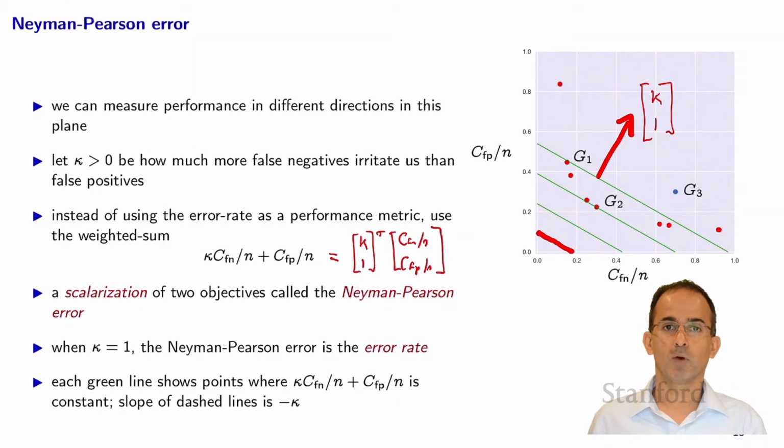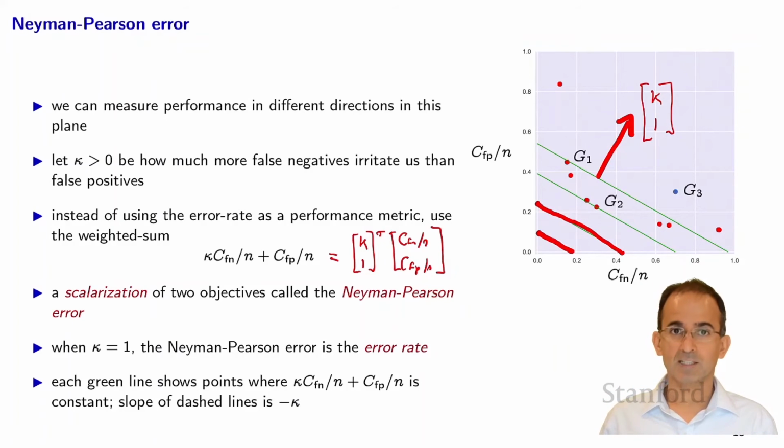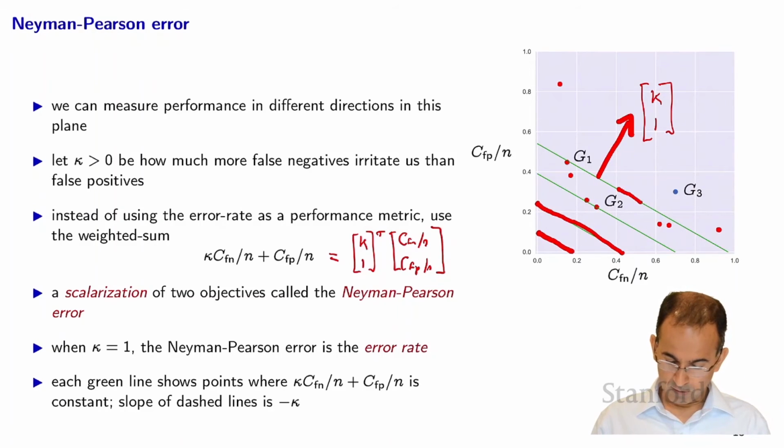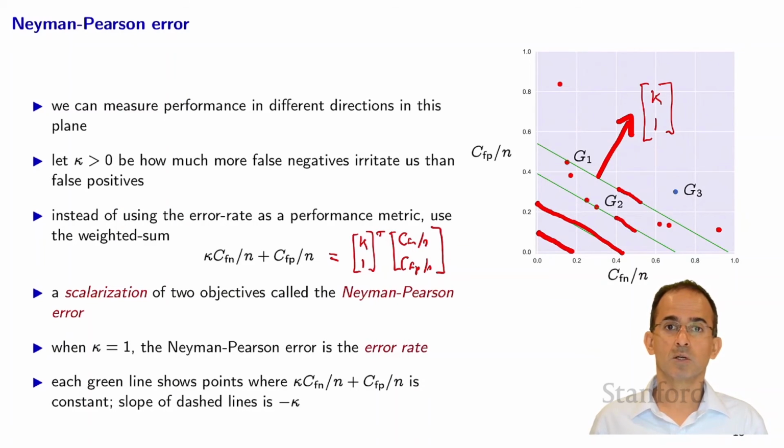And then if we look at the set of all points for which that linear combination is equal to 2, there would be a different line, and so on. And so by minimizing kappa times the false negative rate plus the false positive rate, we are trying to pick the point that is on the one of these lines which is closest to the origin. In this particular case, the point is G2 for this particular value of kappa shown here.